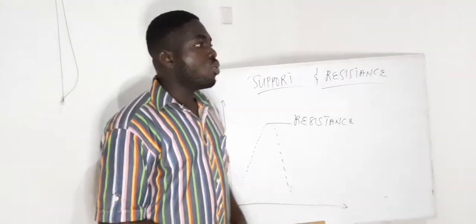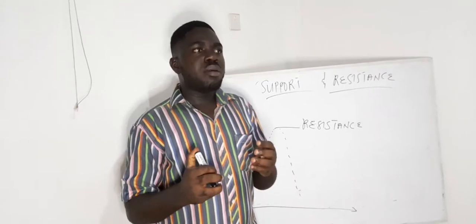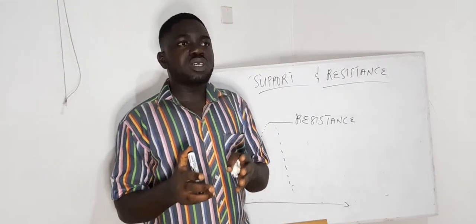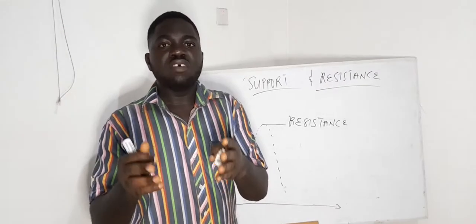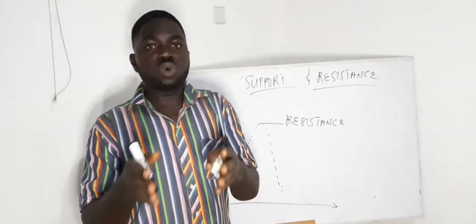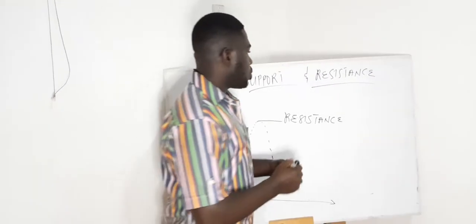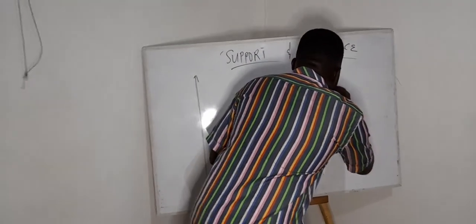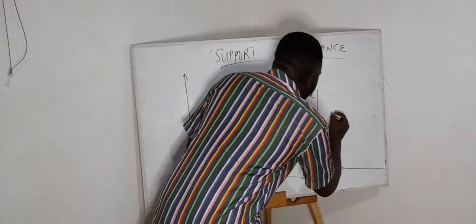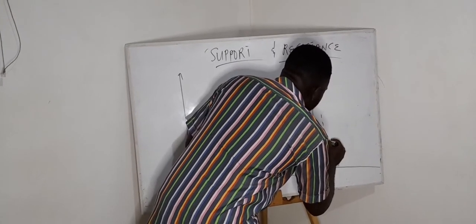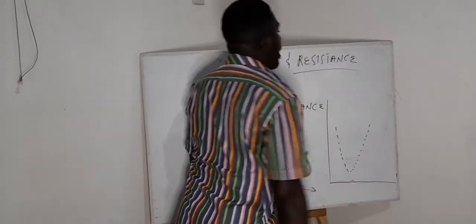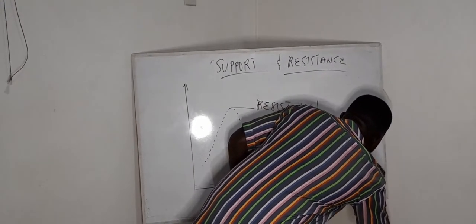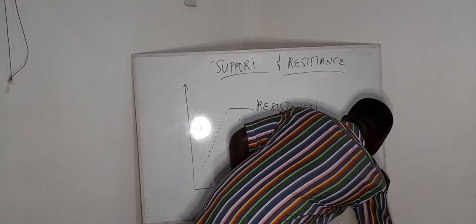Okay, so the features of support and resistance also come hand in hand. But before I talk about the features, let's look at what support also is. So we have another diagram. You see the market trading down, and all of a sudden it makes a turnaround to the upside.